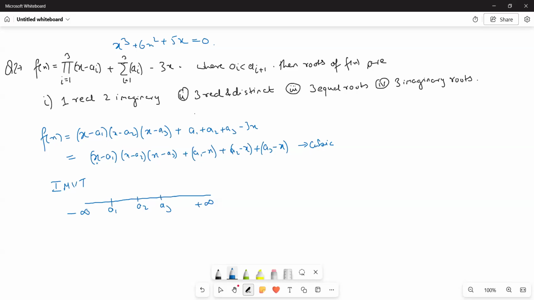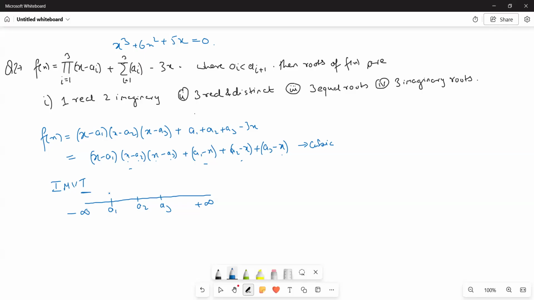Negative: minus infinity minus a1 is negative, minus a2 is negative, minus a3 is negative, so these three negatives give a negative. The x cube term dominates over the linear terms, so at minus infinity the function would be negative.